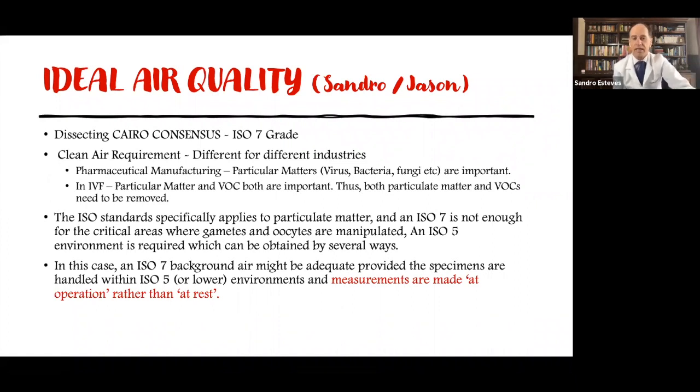And in the critical areas where we are handling gametes and embryos, we need to have ISO 5. So if we have a background air of ISO 7, but we are working in a workstation providing ISO 5 air, this is enough. So we need to look at these different situations.